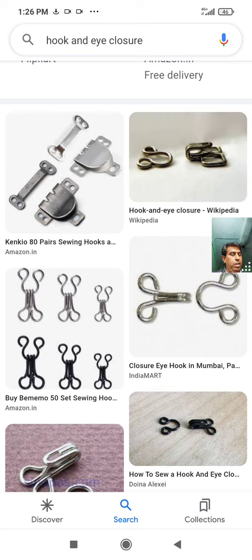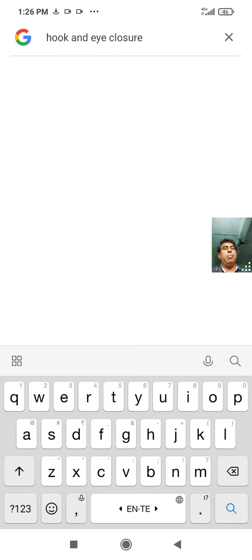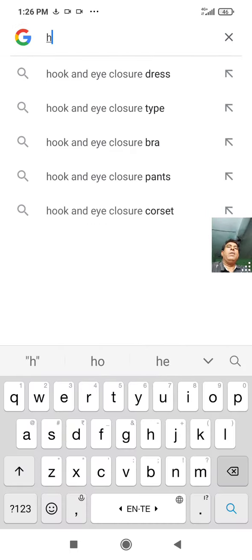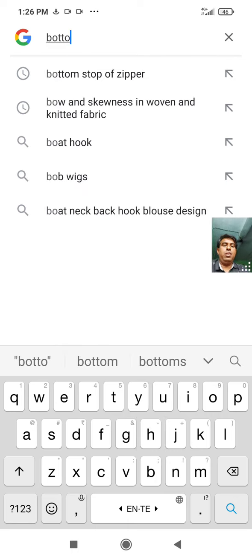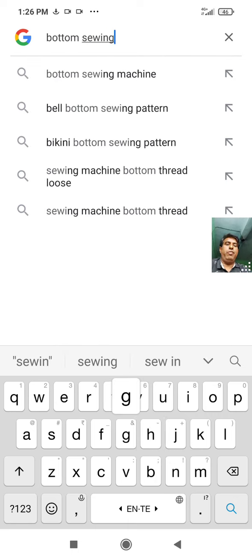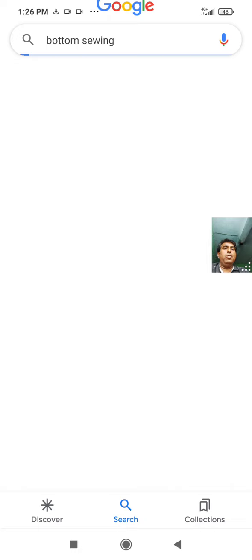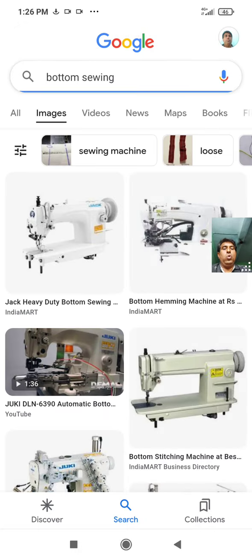So I will try to look at the bottom sewing. Bottom sewing is the one word. So this is all I am doing for you only. So bottom sewing is a machine. So please, whenever I say hump and hook and eye closure, all these things, please get those things into your mind.